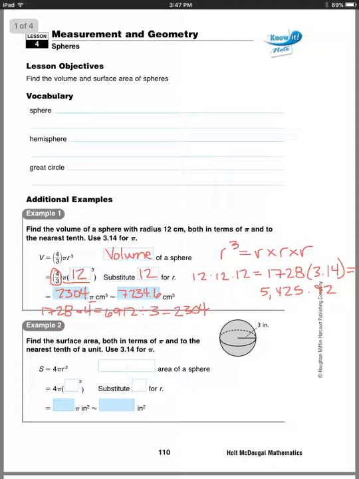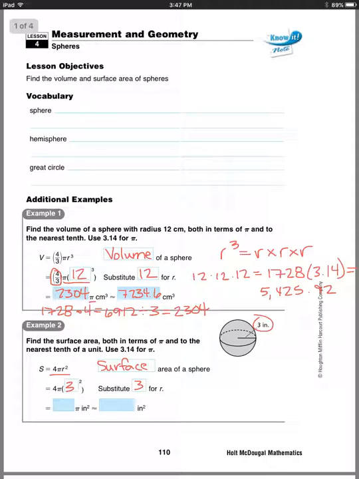Find the surface area both in terms of pi and to the nearest tenth. Use 3.14. So we are going to be finding the surface area using the formula 4 pi r squared, which is an easier formula. So we need to know what the radius is. It's 3, so we're going to substitute 3 for r.